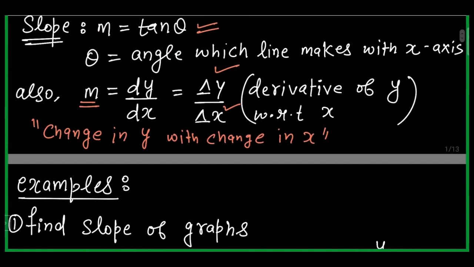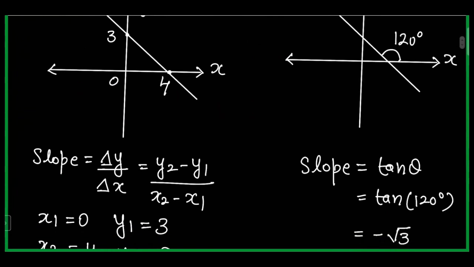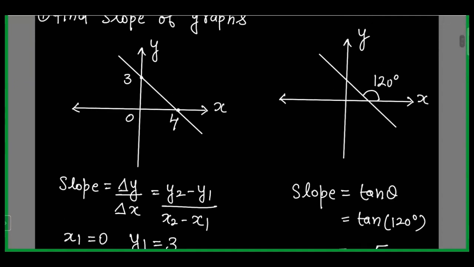So to find the slope, the best way is to use the second equation, which is change in y divided by change in x. So let's try to do this. Here I have written change in y divided by change in x. So what is change in y and what is change in x? In the graph, I'm starting from here.